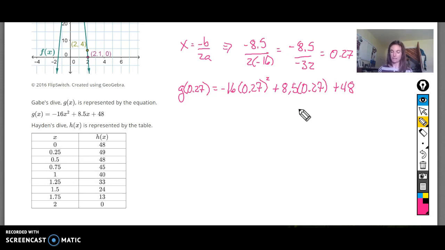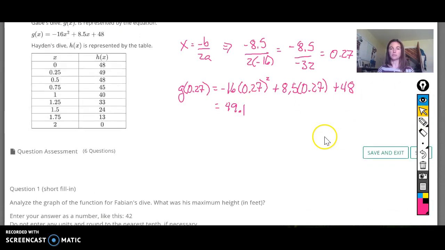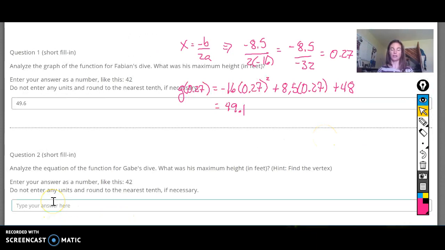I'm going to add that to 0.27 times 8.5, and I get about 1.13, and then I'm going to add 48 to that total, and I get 49.1. So G at 0.27 equals 49.1. If you'll remember, Fabian was at 49.6, so Gabe is just shy of Fabian, by 0.5. All right, so that is the y value when x is 0.27.